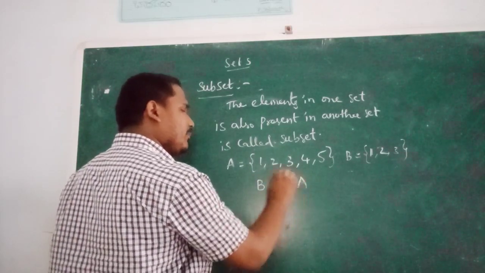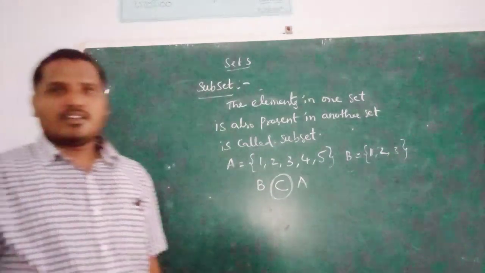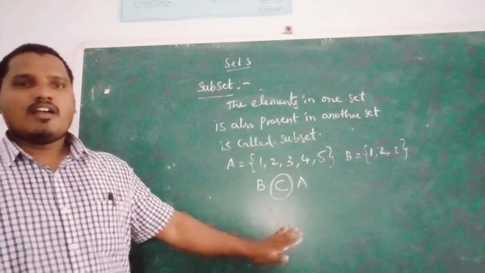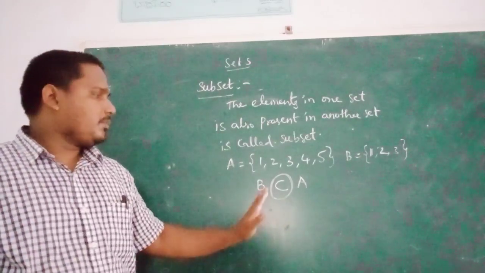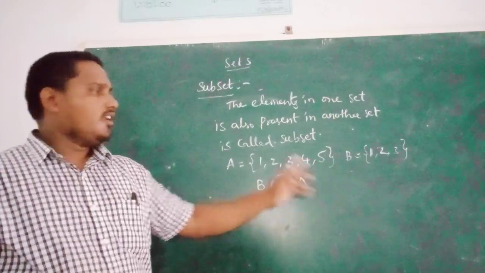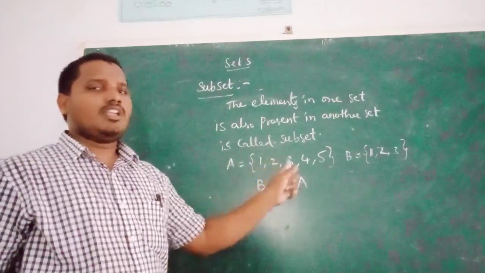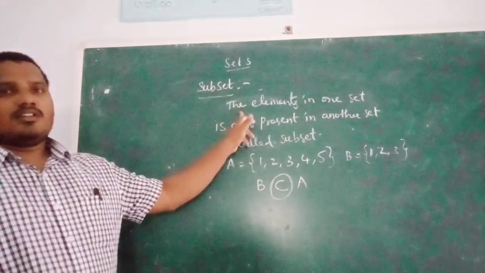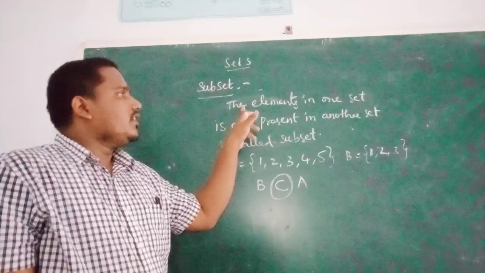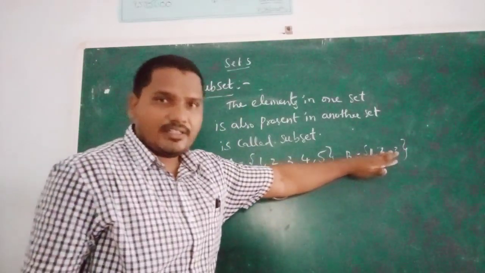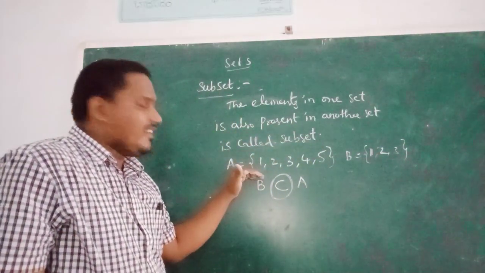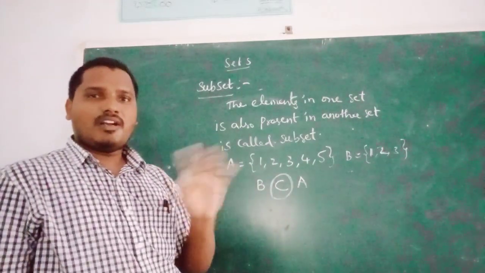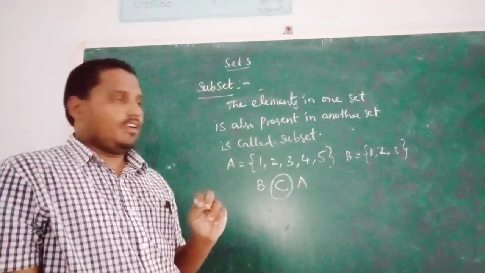This is the representation of subset: B is a subset of A. A is equal to the set of 1, 2, 3, 4, 5, and B is equal to the set of 1, 2, 3. Going by the definition, the elements in one set are also present in another set. In equal sets, each and every element is present, but here that condition is not applied.